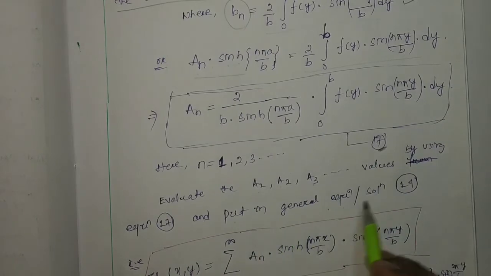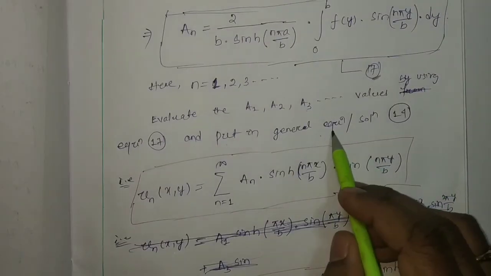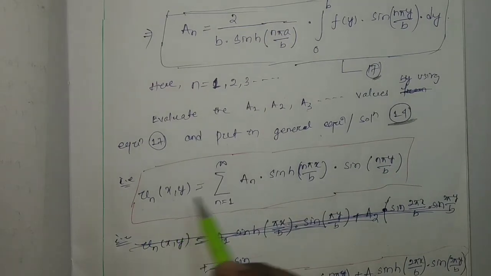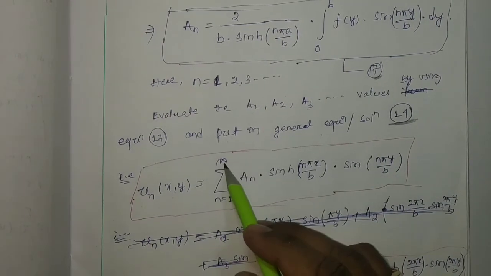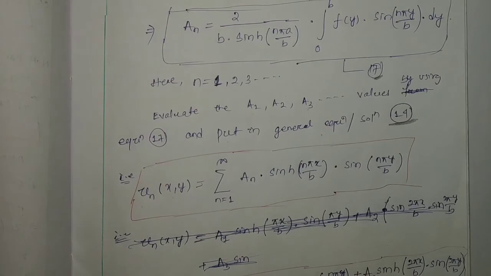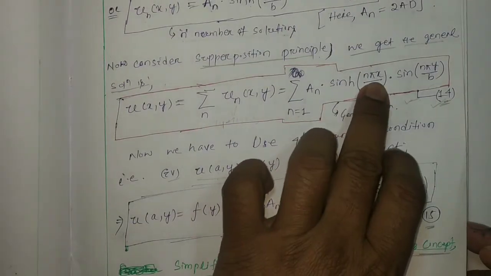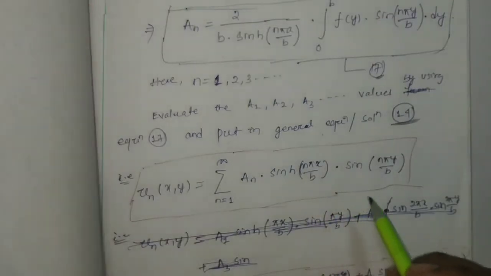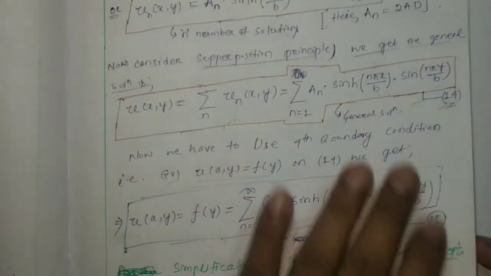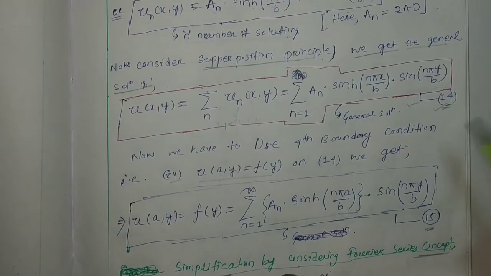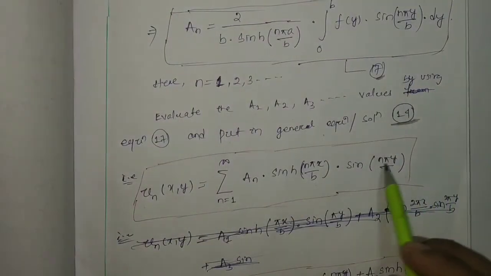So putting in the general solution, equation number 14, that is u(x,y) = sum from n = 1 to infinity of an sinh(n pi x by b) into sin(n pi y by b).